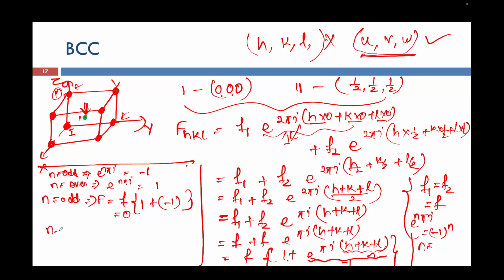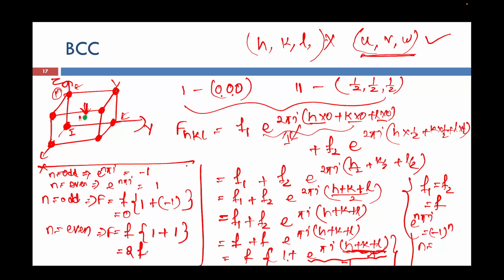Okay, if my n is even, n meaning h plus k plus l, the expression I have taken, then F is equal to F, and e to the power pi I into even will be plus 1, and this is 1. So this will be my 2F, right?